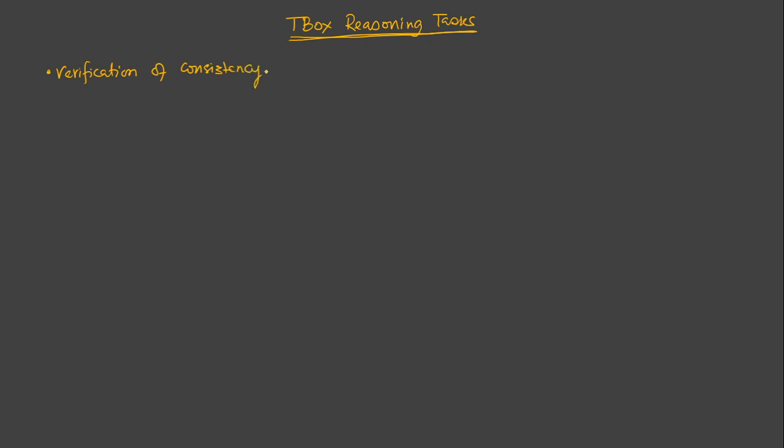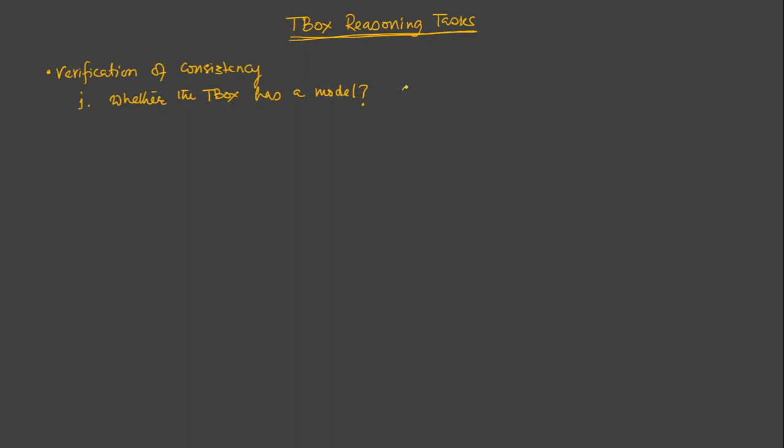Whenever we have a T box, the T box should be consistent. Now, whenever we talk about consistency, we need to answer the following thing: whether the T box has a model. That means whether there is at least one interpretation which is a model of the given T box.